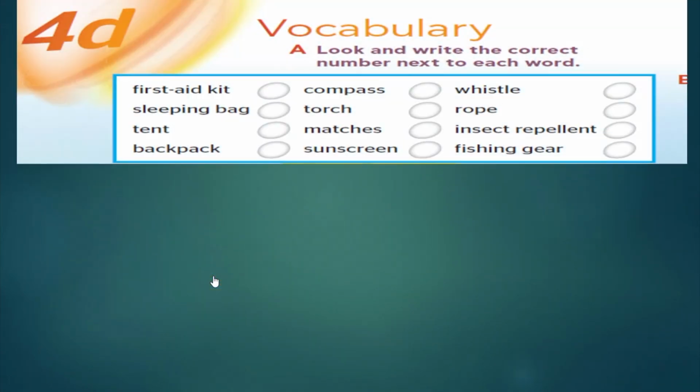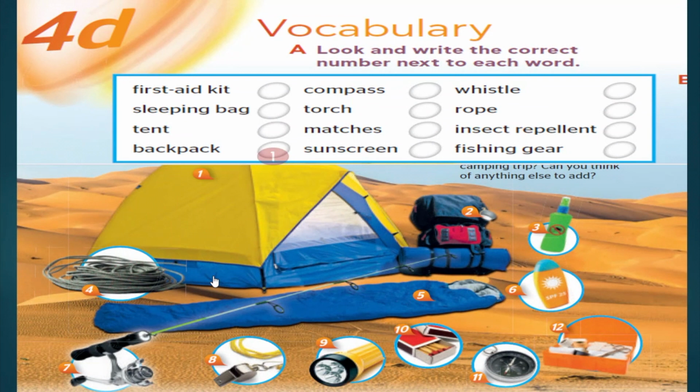Now I want you to look and write the correct number next to each word. Number 1, a tent. Number 2, backpack. Number 3, insect repellent. Number 4, rope. Number 5, sleeping bag.